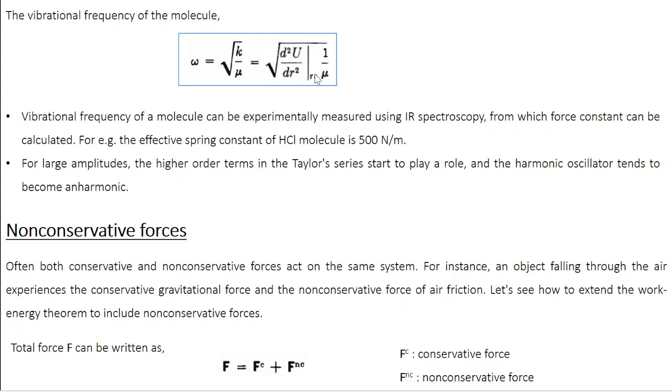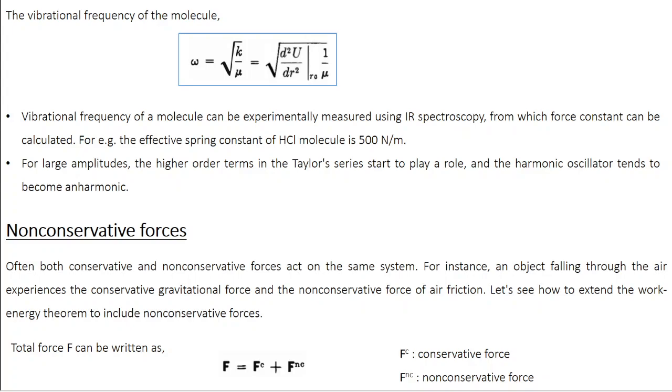So this is a very important application of the energy diagram. This is how you theoretically calculate the vibrational frequency. You can also experimentally measure the vibrational frequency using an IR, infrared spectrometer.